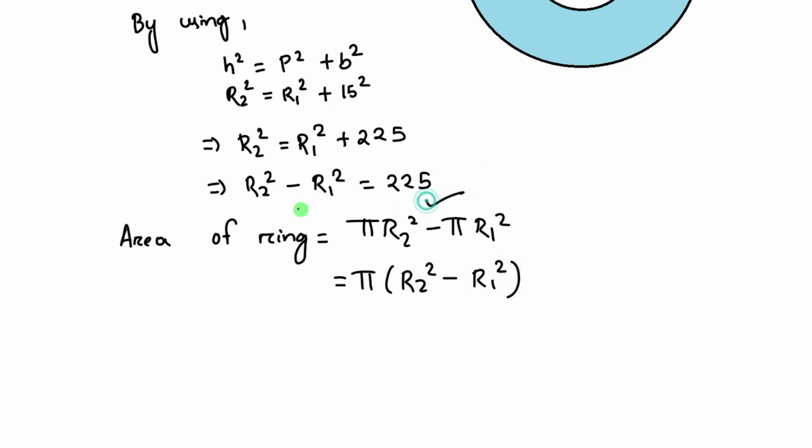From here we have R2 square minus R1 square equal to 225, so I'll put the value here. So we get 225 pi meter square as our answer. The area of the blue ring is 225 pi meter square.